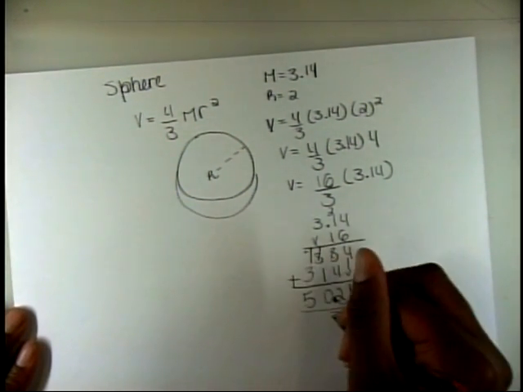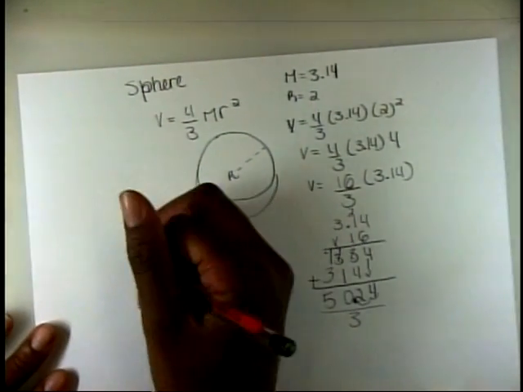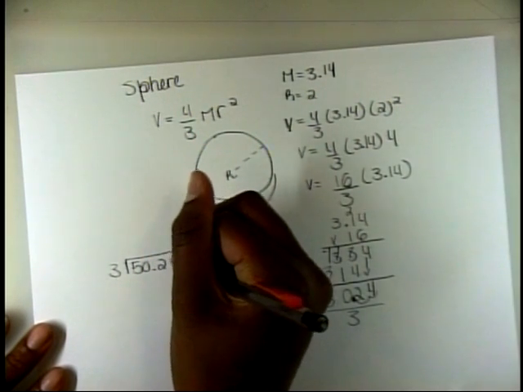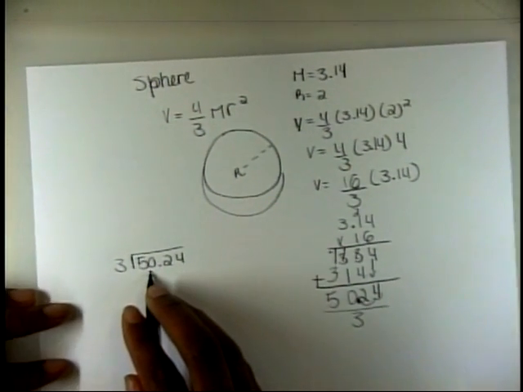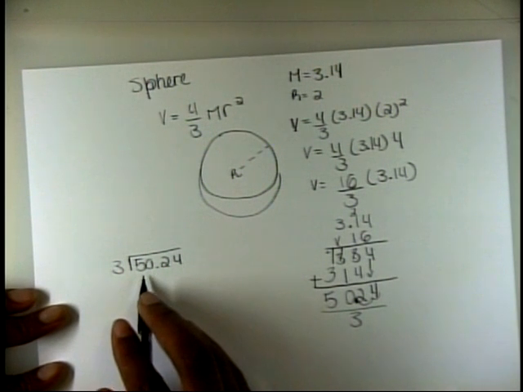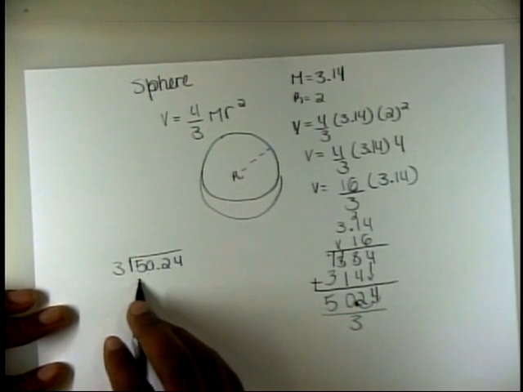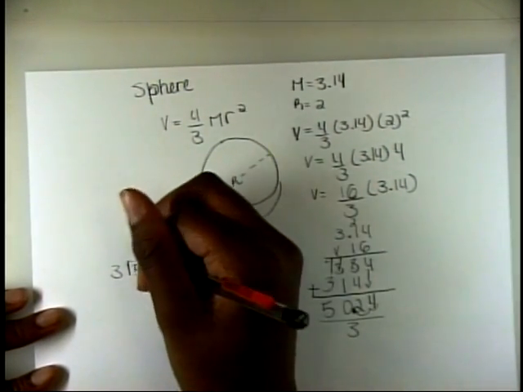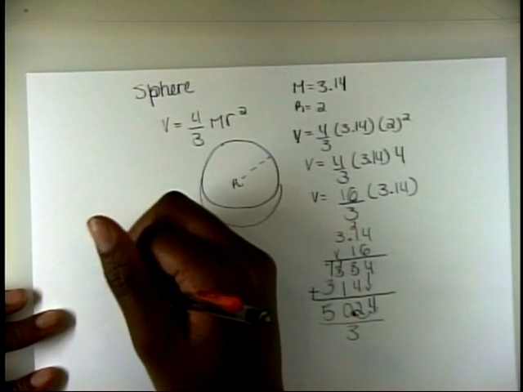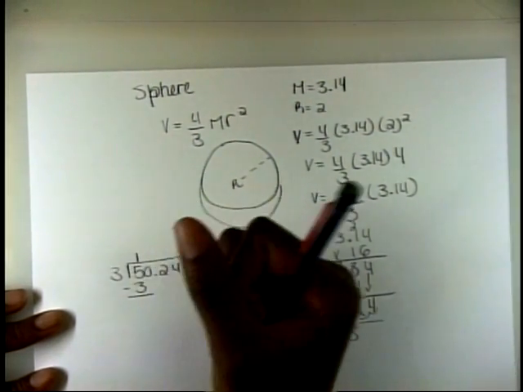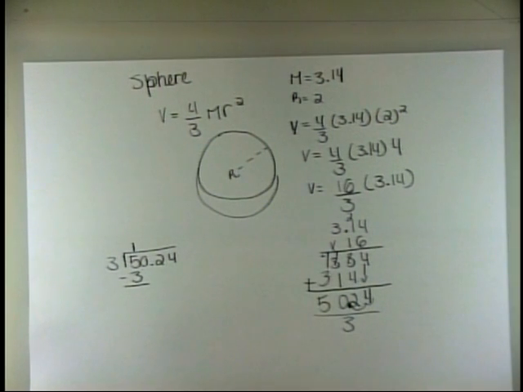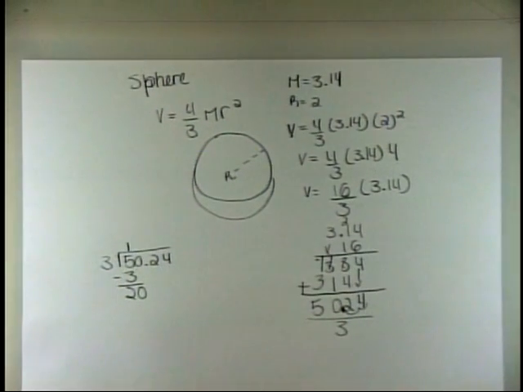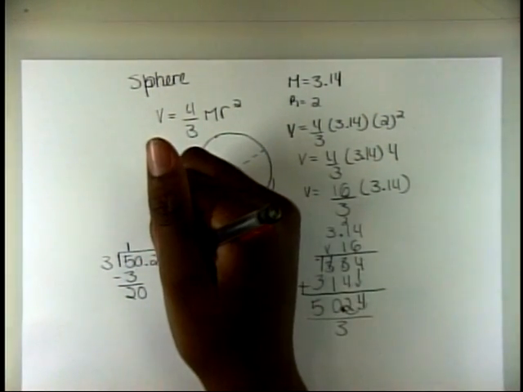Then you divide this by 3. So then you come over here and you say 3 divided into 50.24. You ask yourself first, what times what would give me 5? What times 3 can I get 5? Which is nothing, so you'll say 1. So 1 times 3 will give you 3. So 5 minus 3 will give you 2. Then you ask yourself, what times 3 will give me 18?